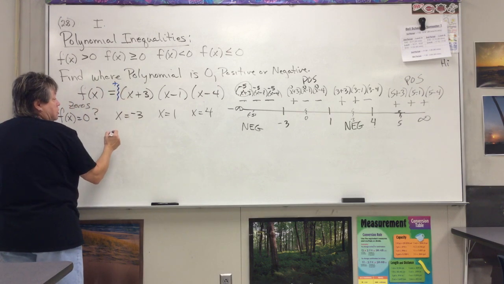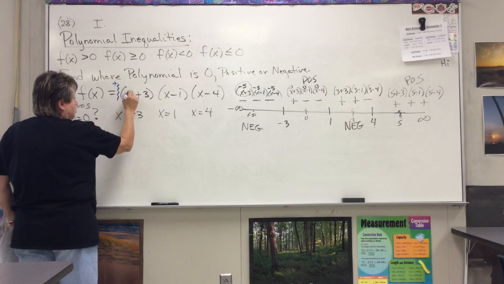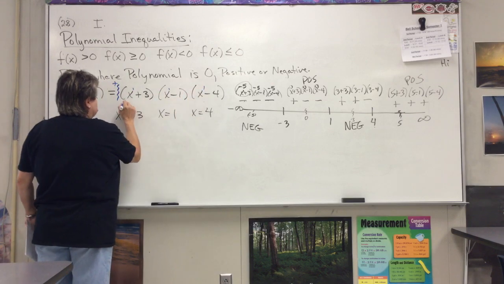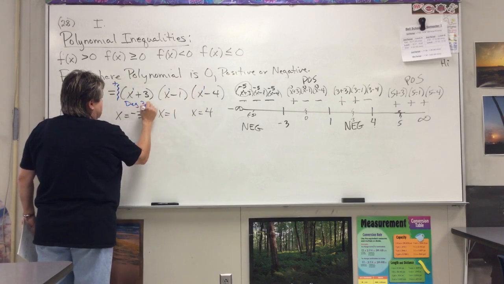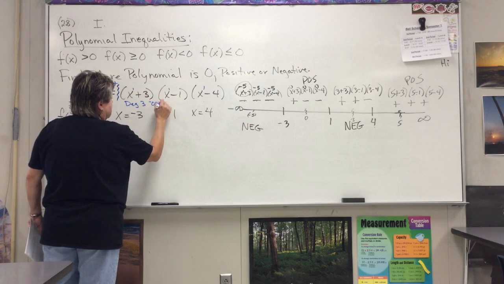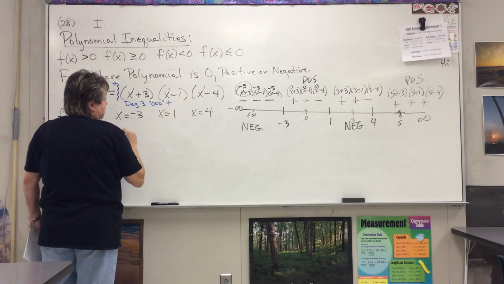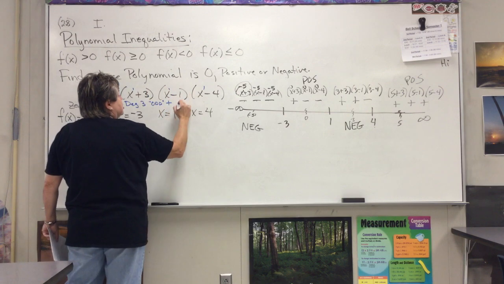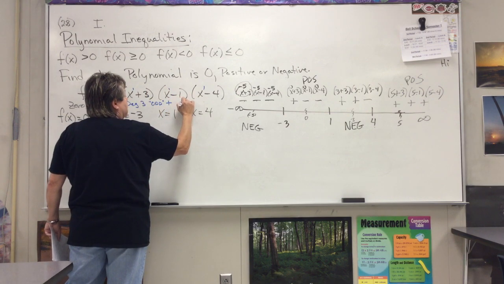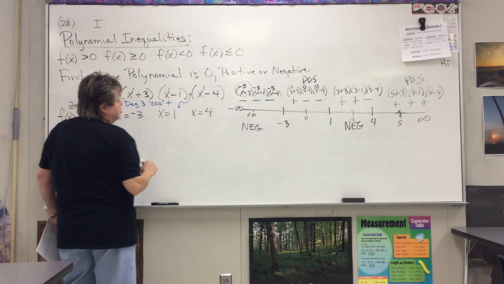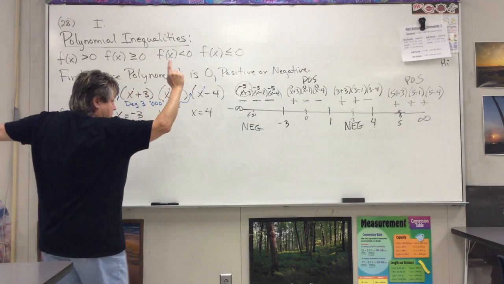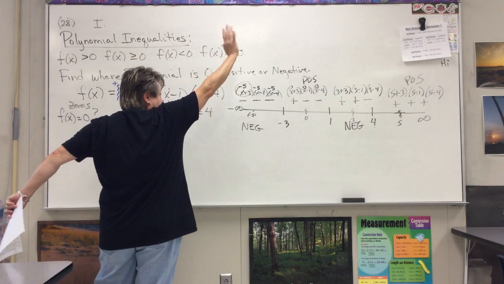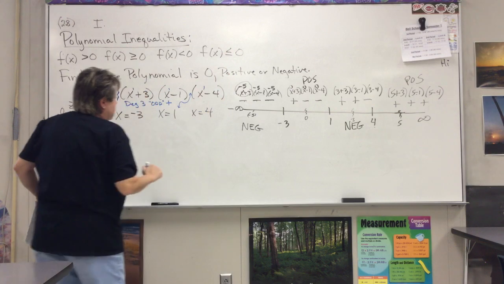What do we know about our degree? Well, 1, 2, 3. So we have a degree 3, which is odd, and positive. So in our thinking, we should have odd, positive, something like that. So the end behaviors, negative infinity this way, positive infinity this way, okay?